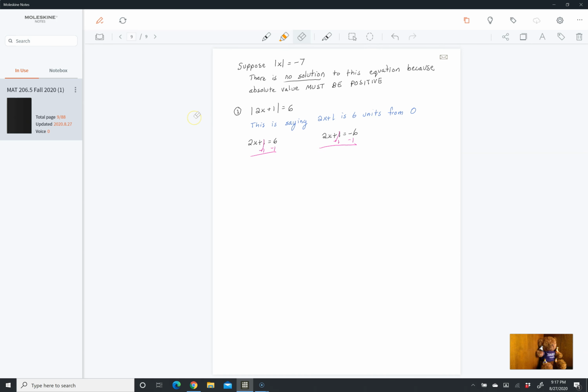So we get on this one, 2x is equal to 5. And on this one, we get 2x equals negative 7. And then in each of those, we're dividing by 2 on both sides.